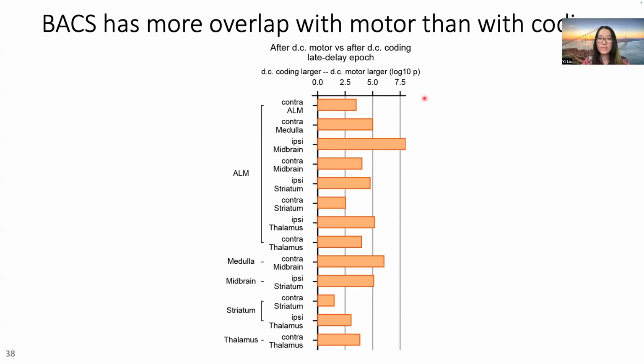Here, the x-axis is the log 10 of the p-values that compares the correlation drop after we remove coding versus the correlation drop after we remove motor. And the positive p-values means that removing motor has a higher drop in BACS correlation than removing coding. Therefore, it shows that BACS has more overlap with motor than with coding.